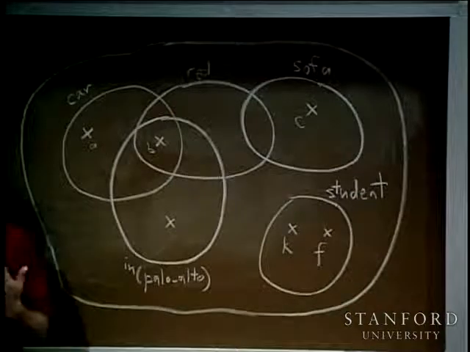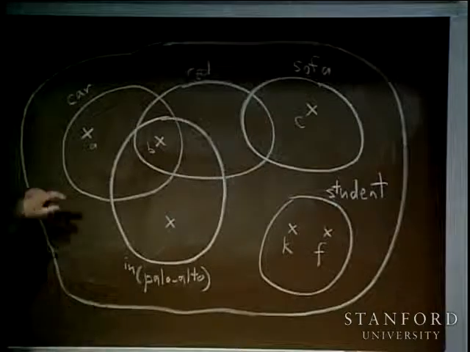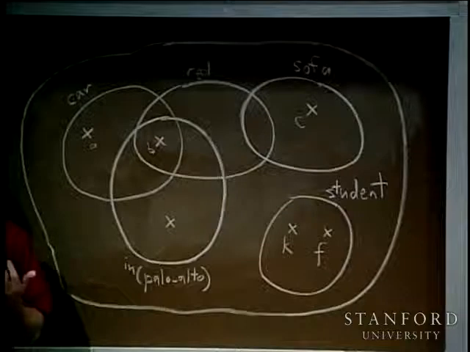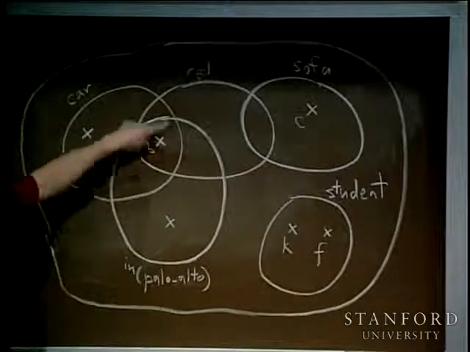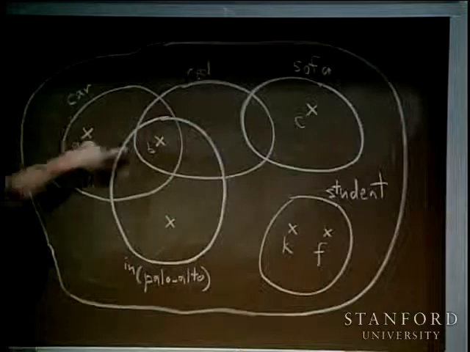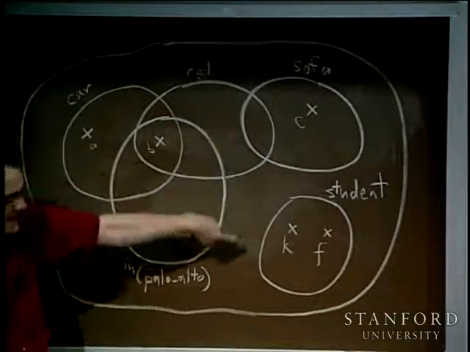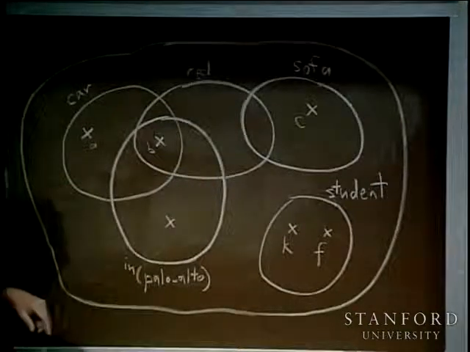Okay, so then if we have properties of an individual, properties can be represented as subsets, effectively, the subset where the property is true. So this is the car property, and the things inside it are cars. So A and B are cars, and the other 4 things in my world aren't cars.